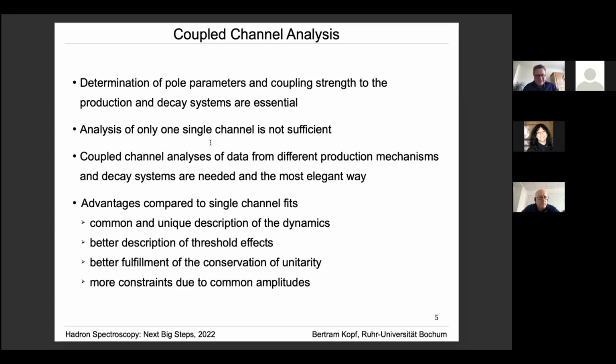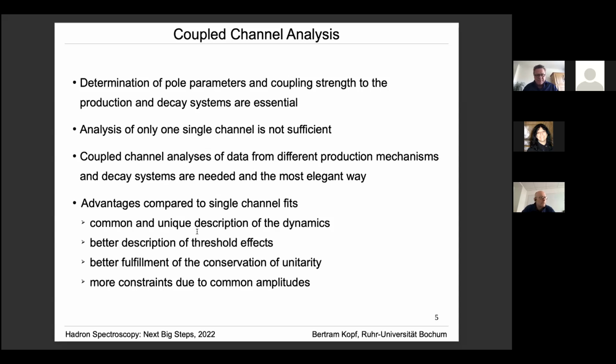Therefore, an analysis of a single channel is not sufficient, and it is really needed, in the most elegant way, to perform coupled channel analysis with data from different production mechanisms and different decay systems. There are a lot of advantages when one compares this to single channel fits.